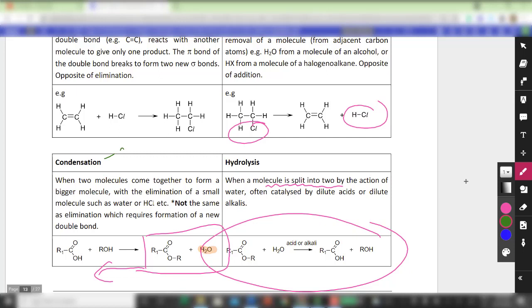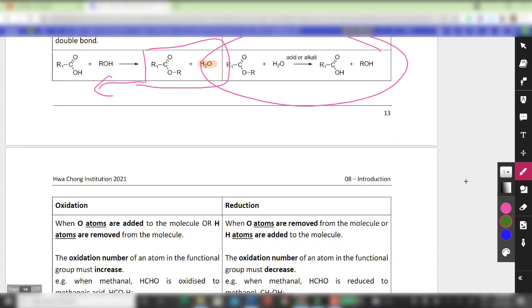The first involves an addition, followed by an elimination. In some sources or slightly more advanced textbooks, they call it an addition-elimination reaction, which is another term for condensation. But for H2, you should stick to the usage of condensation rather than addition-elimination. It's good to understand what it means.